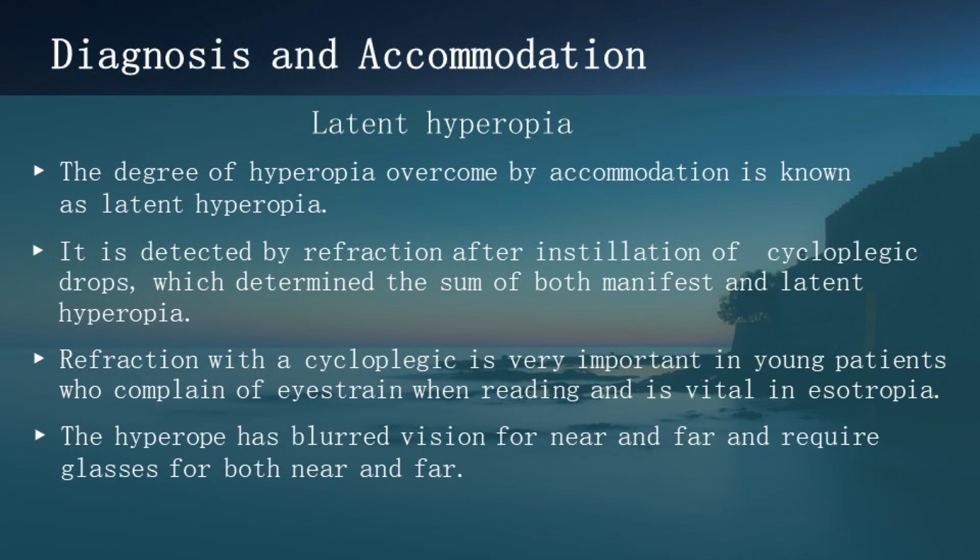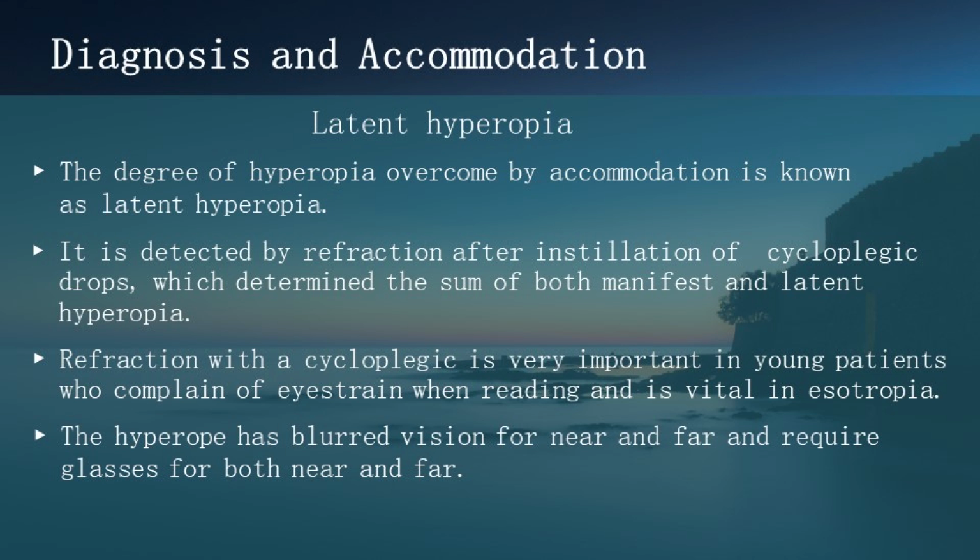Latent hyperopia. The degree of hyperopia overcome by accommodation is known as latent hyperopia. It is detected by refraction after administration of cycloplegic drops, which determines the sum of both manifest and latent hyperopia.